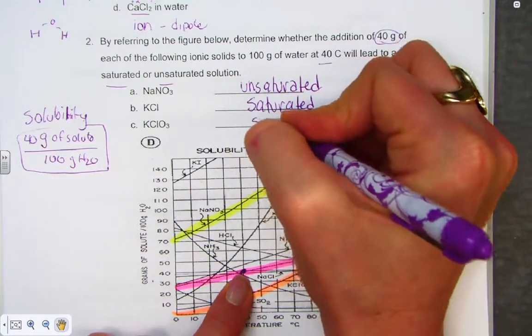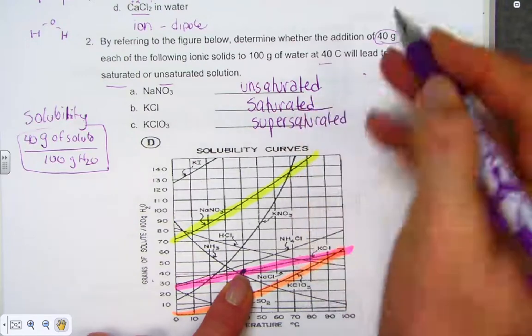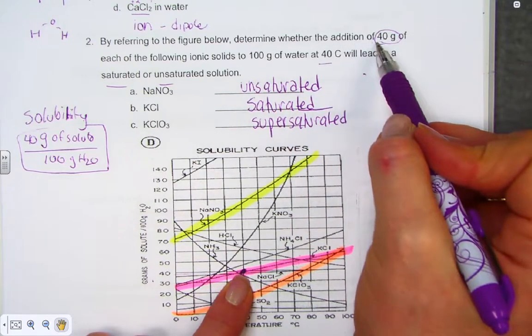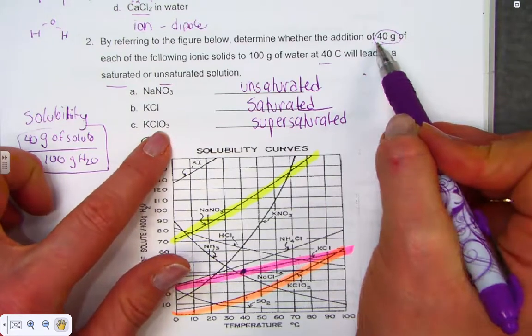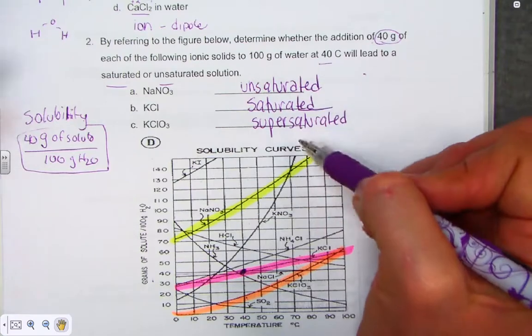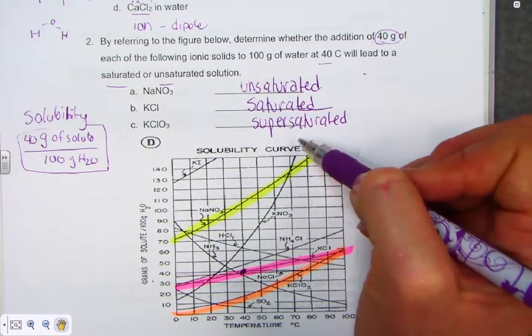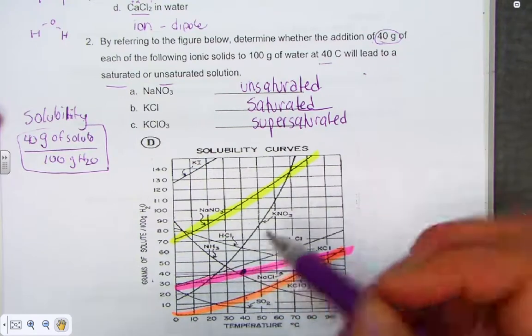Even though it's not a choice, I like the word supersaturated, and here's why. If indeed this question is telling me that I did place 40 grams of the potassium chlorate into 100 grams of water and it all dissolved, it's holding more than it should be. It's above the line at the 40-40 mark.